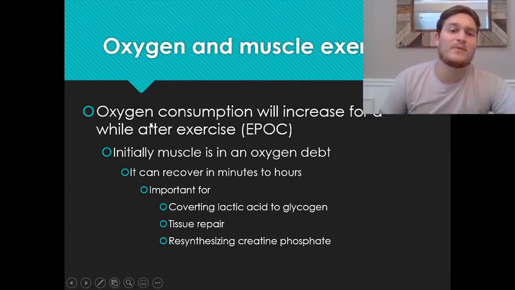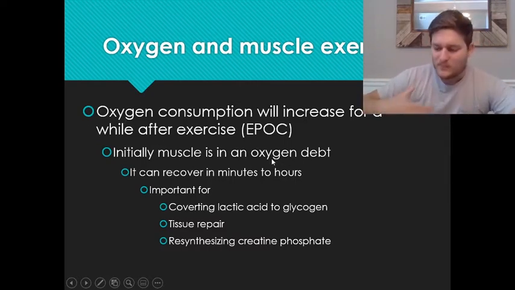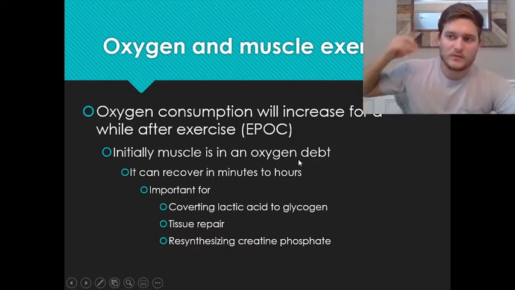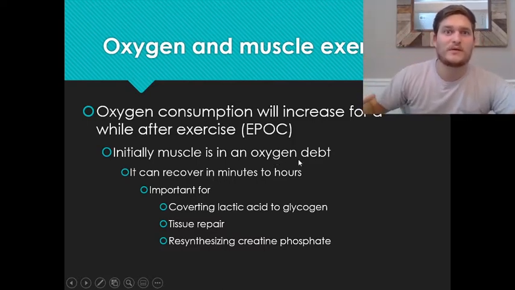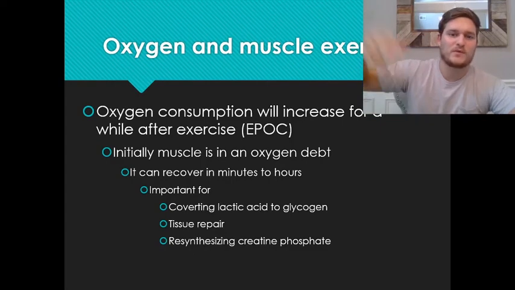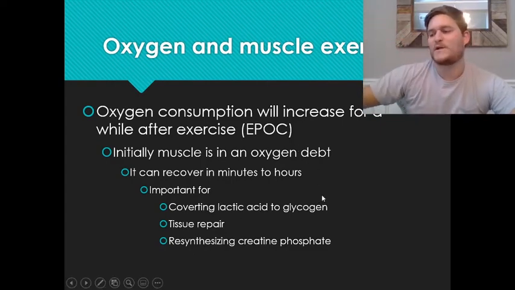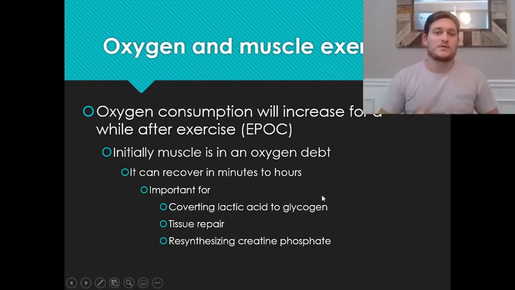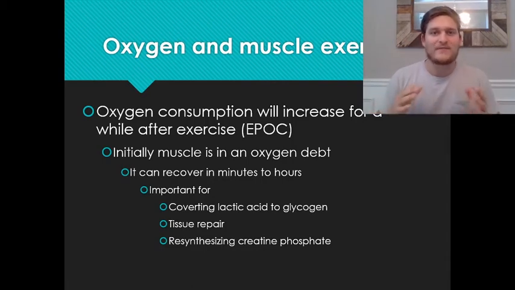And the reason why we're consuming more oxygen after the workout is because we're in an oxygen debt. Again, once you start to work out and you start moving, that ATP demand jumps. So we need to start using all these stores and using all the available oxygen that we have in that second.